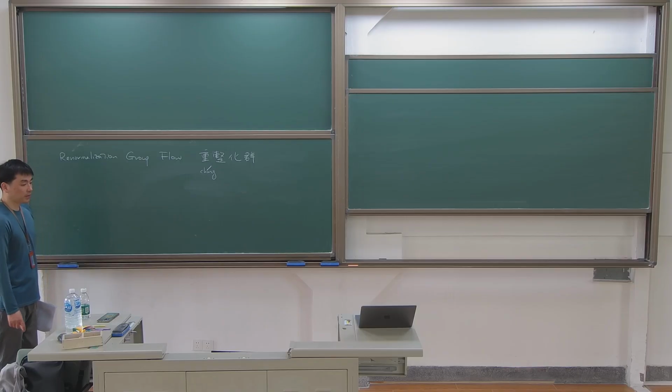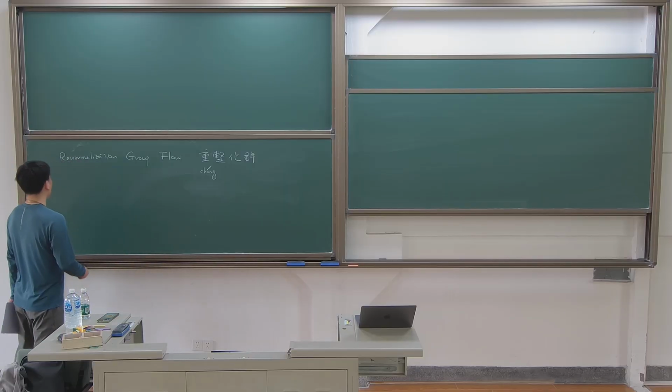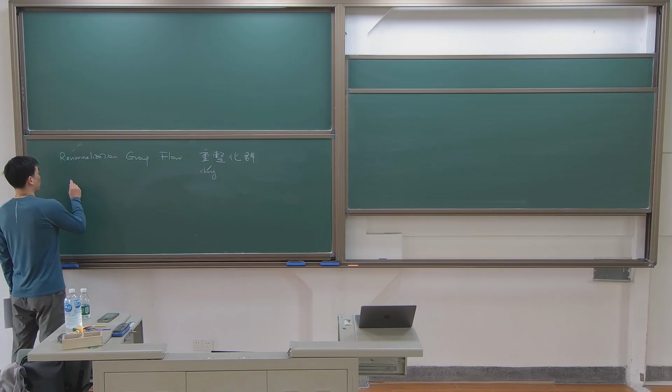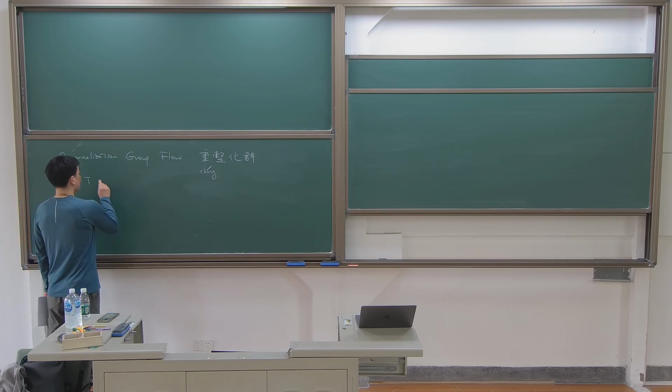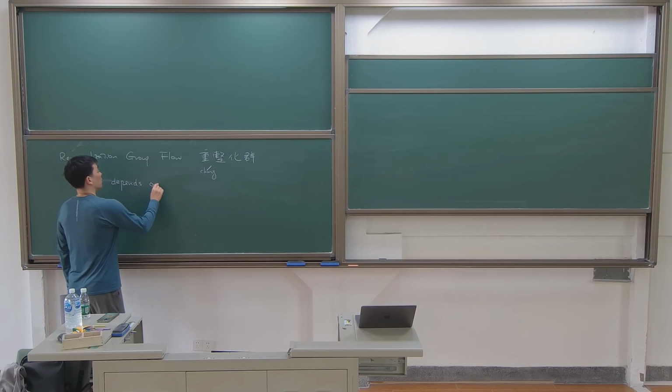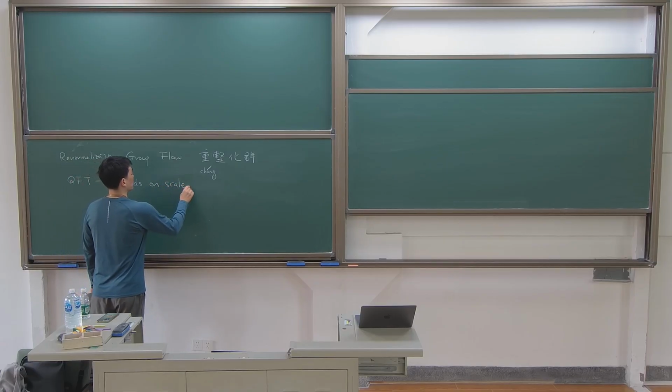So in quantum field theory, as I mentioned at the beginning of the lecture, quantum field theory is not conformal usually. If you start with a usual QFT, it depends on the scale you look at.